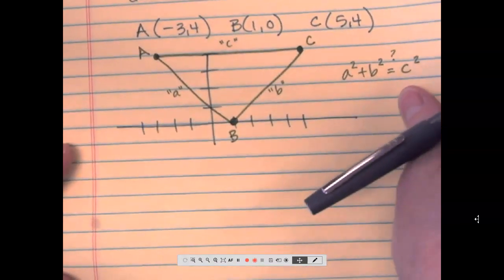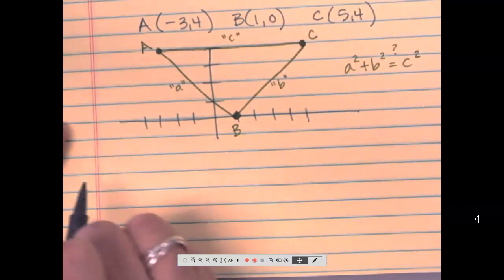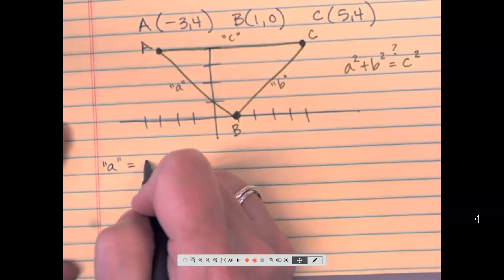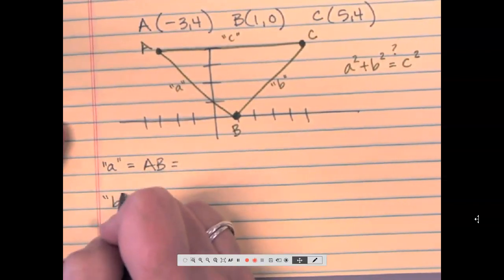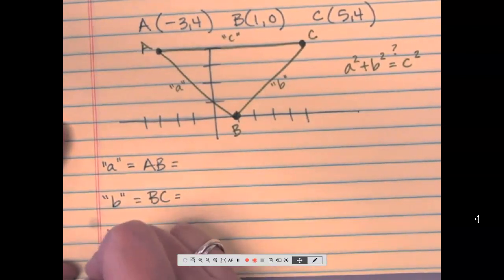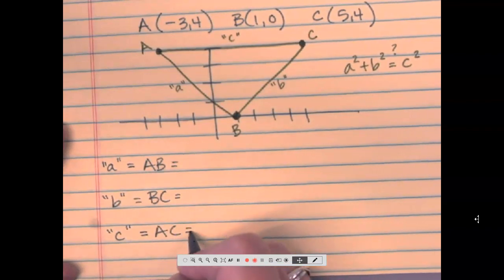Whew, 3 distance formulas. So we're going to break it up. We're going to find A, which is really segment AB. And then we're going to find B, which is really segment BC. And then we're going to find C, which is really segment AC.